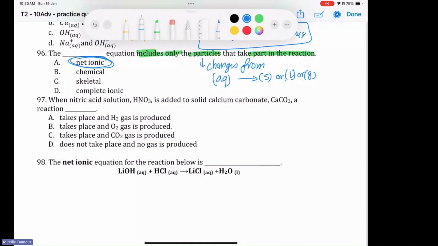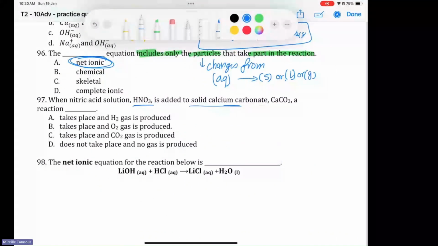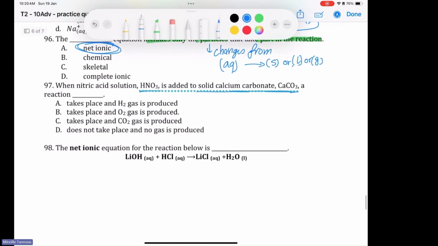Next, when nitric acid solution HNO3 is added to solid calcium carbonate. We will be doing this also this week, but I am going to explain it. Whenever I have an acid and calcium carbonate, CaCO3 and HNO3, a reaction takes place.